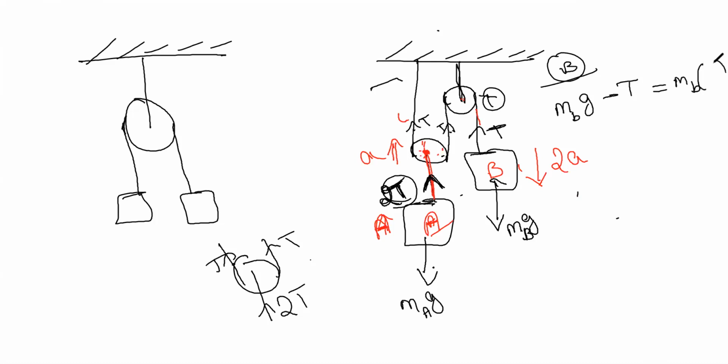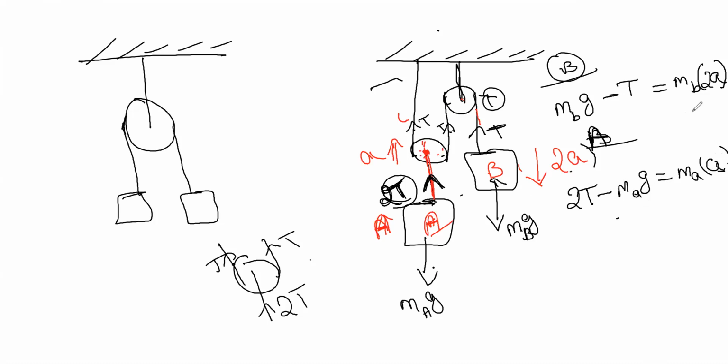What acceleration do we take? 2a, because we assumed 2a as the acceleration for B. Same thing for block A. It is moving upwards, so 2T is more. 2T minus m_A g should be equal to mass of A into acceleration, a, because if this is 2a, this is a. That's why you keep a.